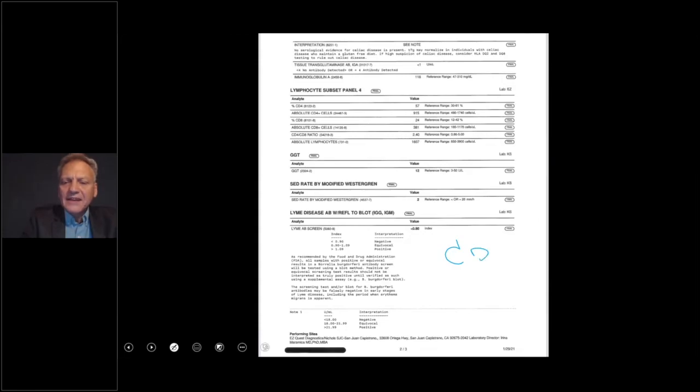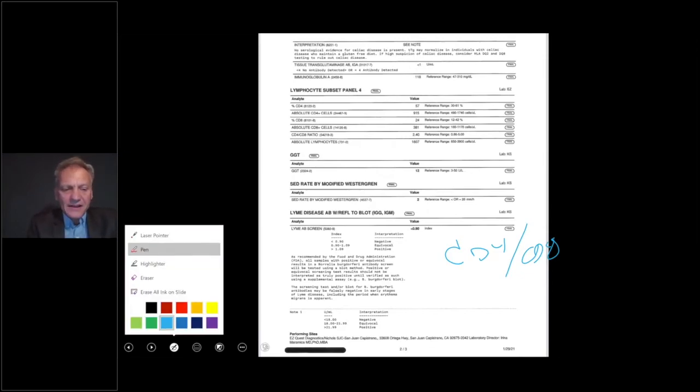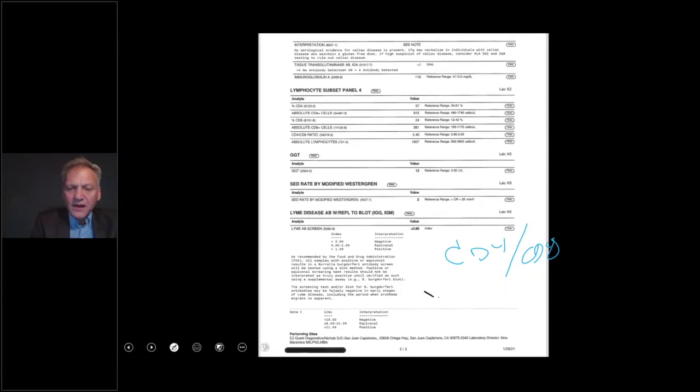I think this is interesting, and it's actually a good test to run. This is the CD4 to CD8 ratio. Now remember, if this is low, it means that you have immunodeficiency, immune deficiency.